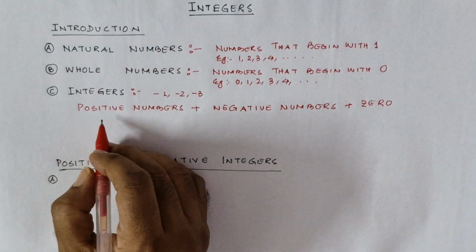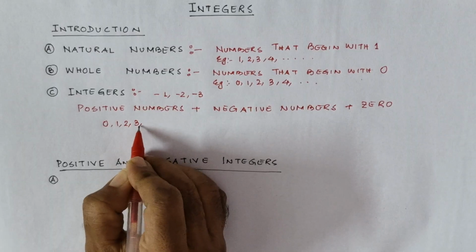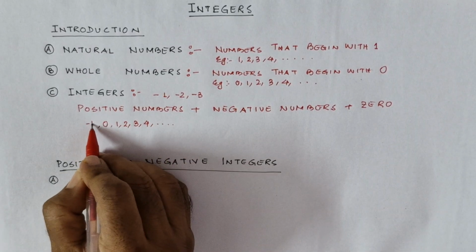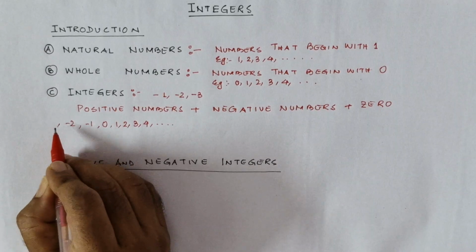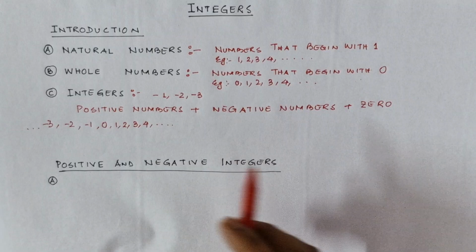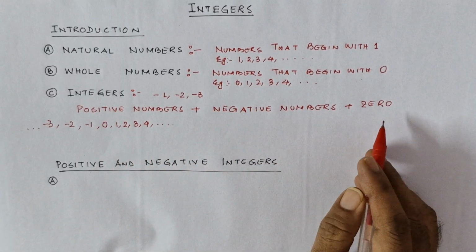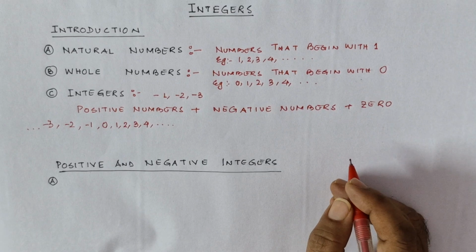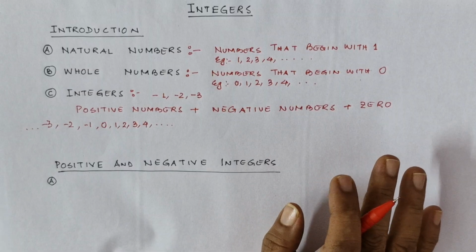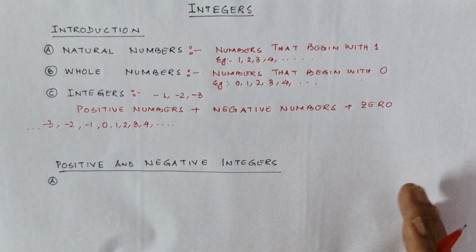So like this: 0, 1, 2, 3, 4 dot dot dot, and before 0: -1, -2, -3 and so on. So integers are a combination of positive numbers, negative numbers and 0. Always remember, students, there are infinite integers. It means there are no smallest or greatest integers.